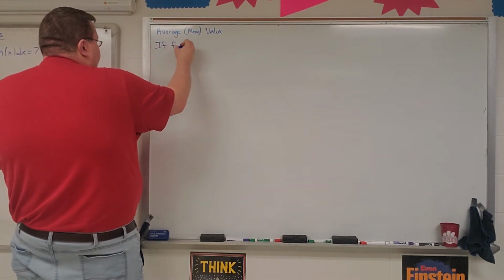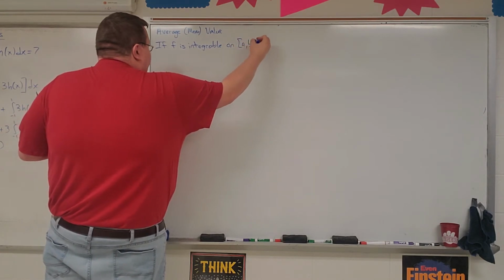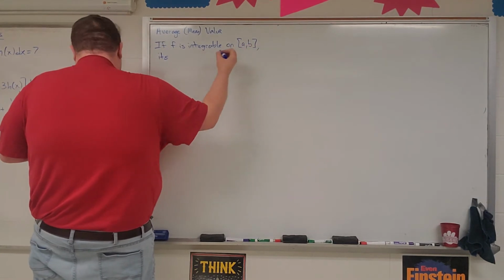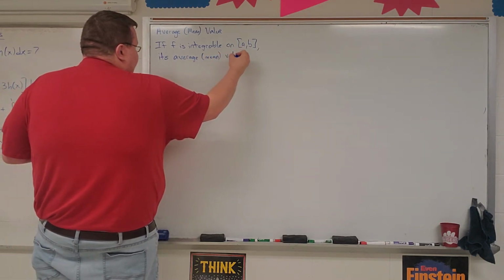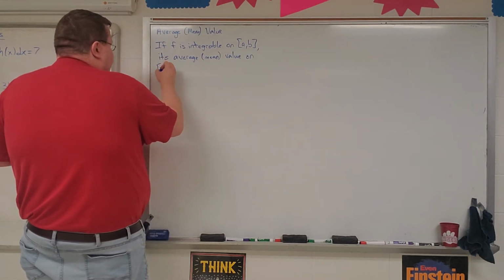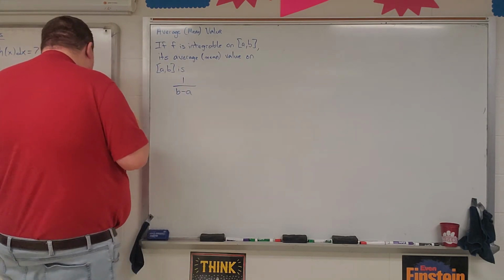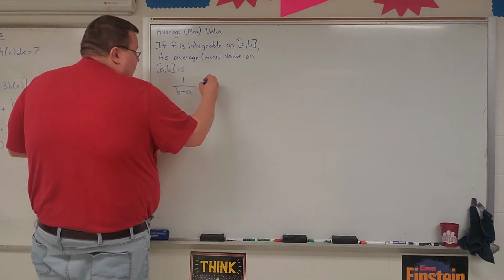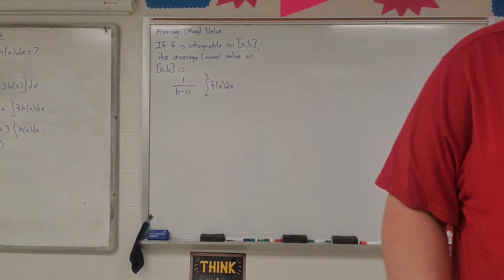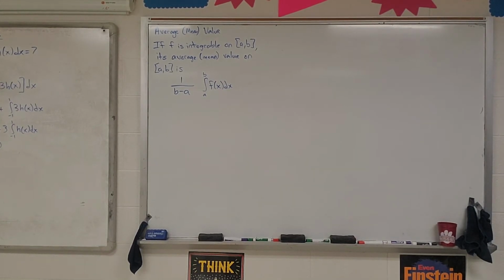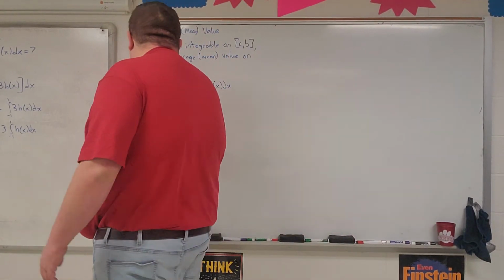If f is integrable on [a, b], its average, again, mean, value on [a, b] is 1 divided by the quantity b minus a times the integral from a to b of f of x dx.